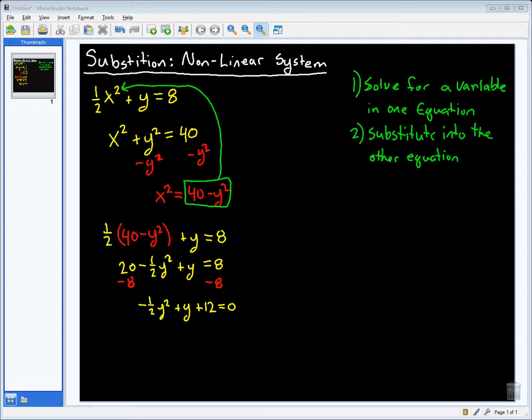Now what I want to do is multiply the entire equation by -2, because I don't like this 1/2 in front of the y squared. That's going to give me y squared minus 2y minus 24 equals 0.